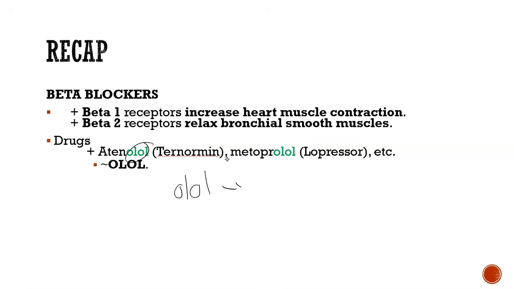What I want you to do is combine the O and the L together. And what happens? You get D. Then I want you to flip the D to a B. B for beta, B for blockers. That is a trick that StudentRDH taught us, and I think it's a really good trick because now we can remember that anything that ends in olol is a beta blocker, which helps with hypertension, which helps with high blood pressure.